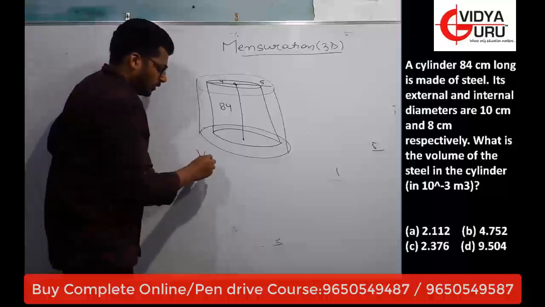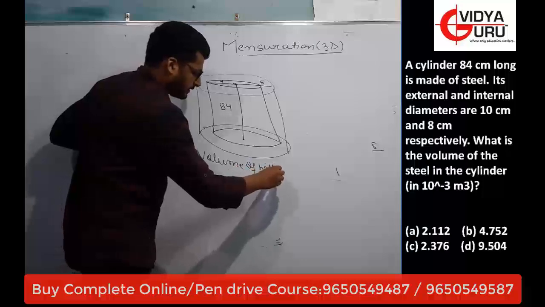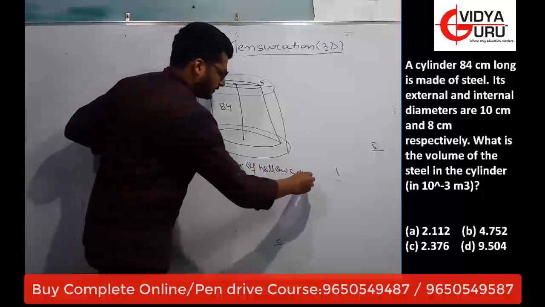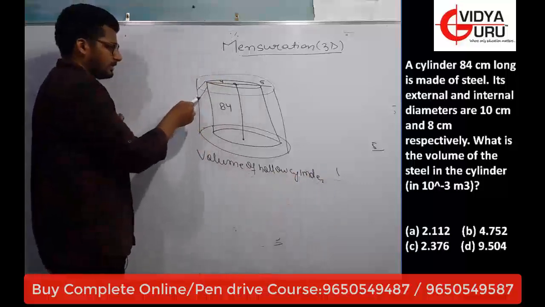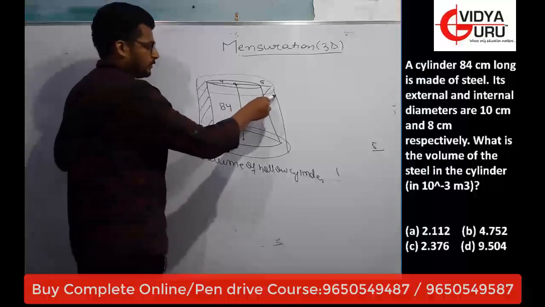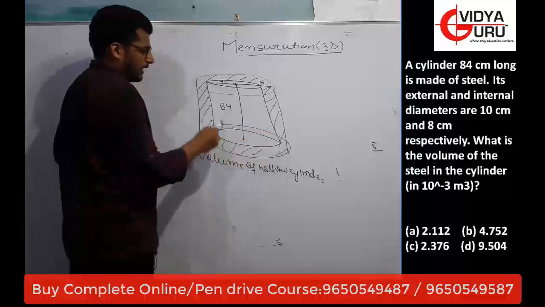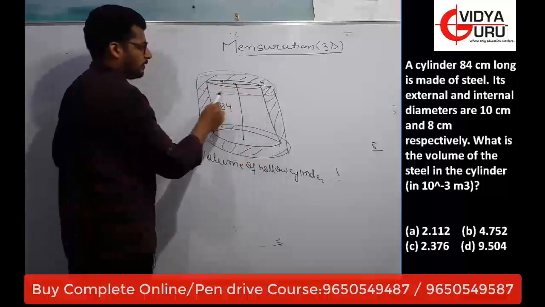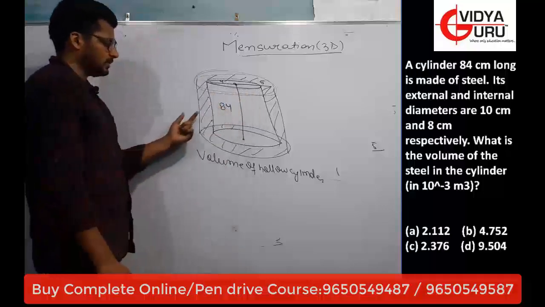So the volume of the hollow cylinder. I need to find the steel, that means this volume is asked in the question. How can I find this volume? By the volume of the outer cylinder, I will subtract the volume of the internal cylinder, so this will be left.